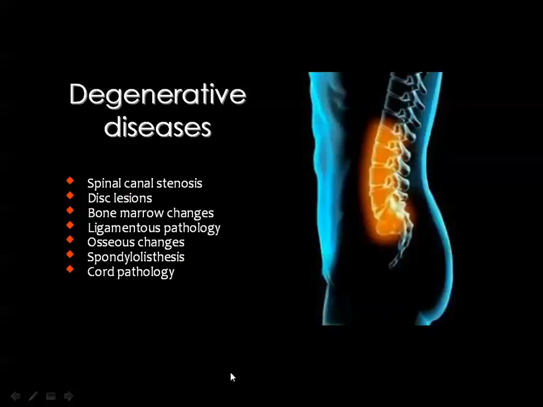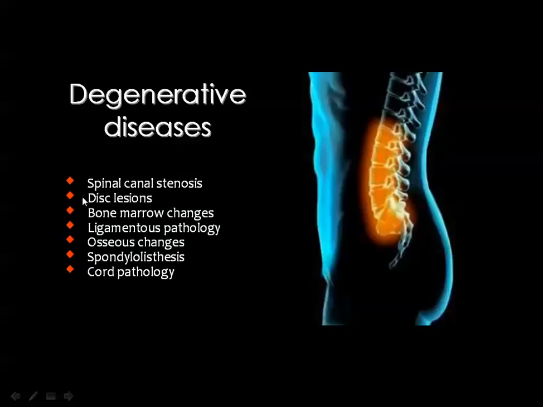Then degenerative diseases of the spine are listed under these headings: the spinal canal stenosis, disc lesions, bone marrow pathology, ligamentous pathology, osseous changes, spondylolysis or spinal instability, and finally the changes in the spinal cord. And actually, under each of these topics there are three subdivisions.